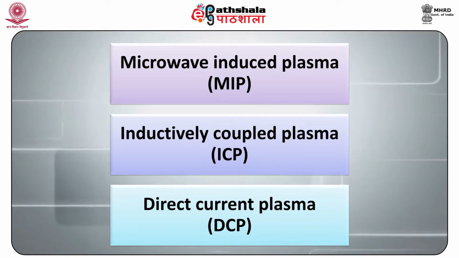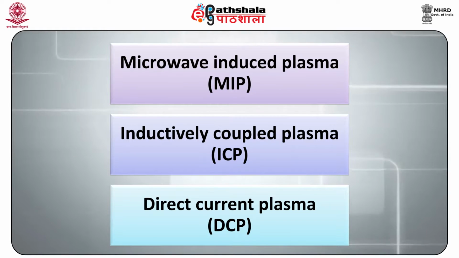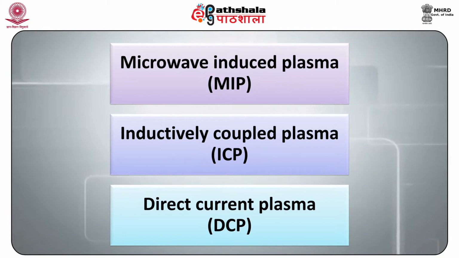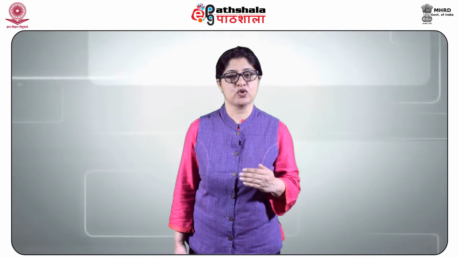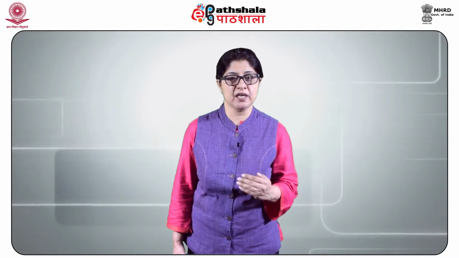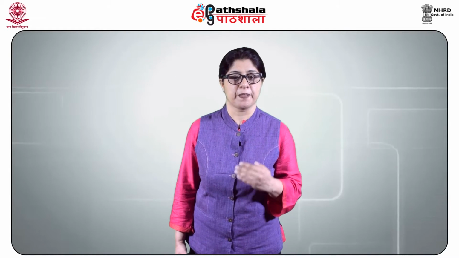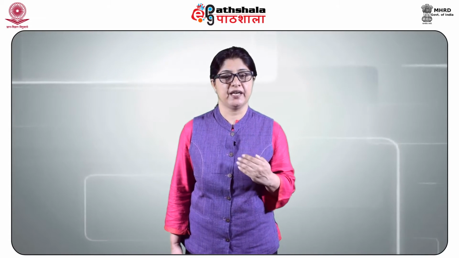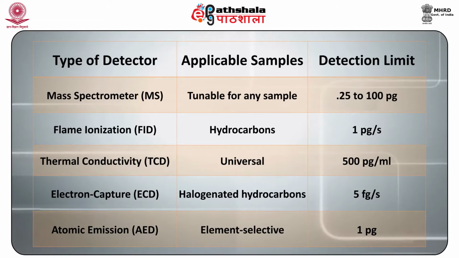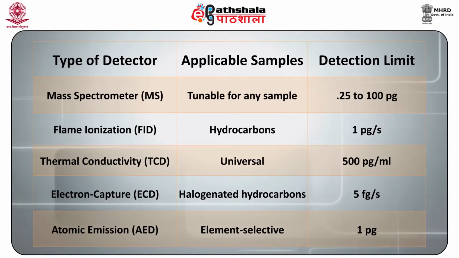There are three ways of generating the plasma: microwave induced plasma (MIP), inductively coupled plasma (ICP), or direct current plasma (DCP). MIP is most commonly employed form and is used with diode array to simultaneously monitor the atomic emission spectra of several elements. AED is an extremely powerful detector that has wide applicability. The different type of the detectors have been summarized here in the given table.